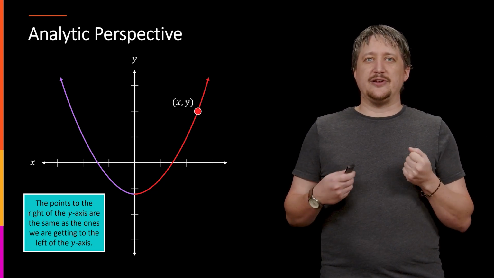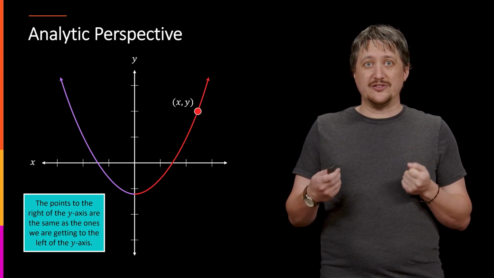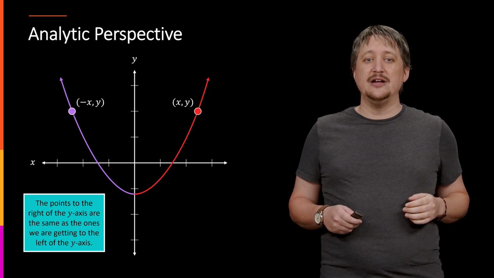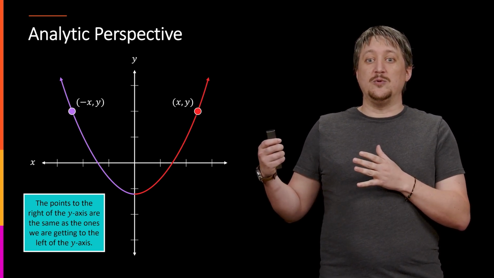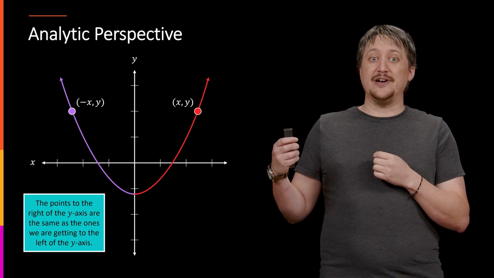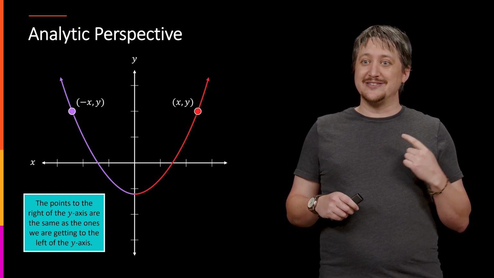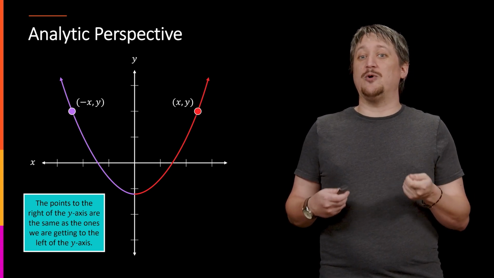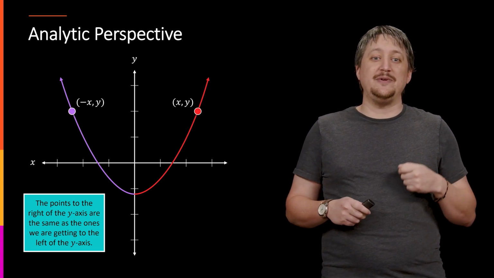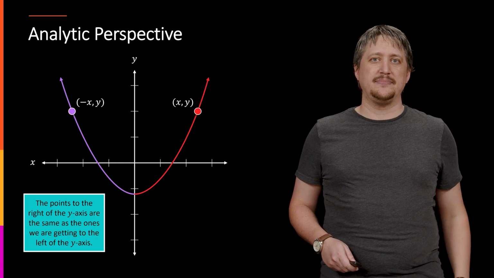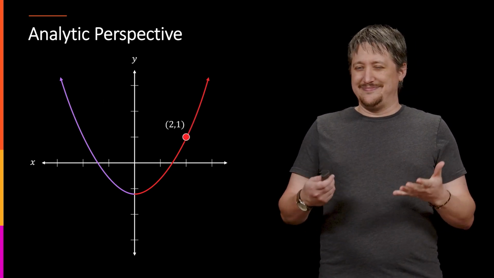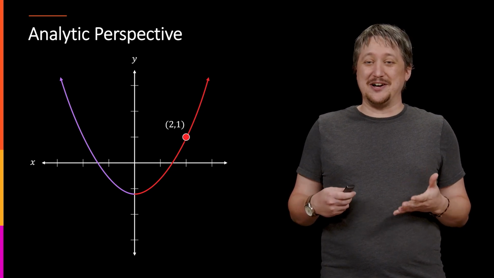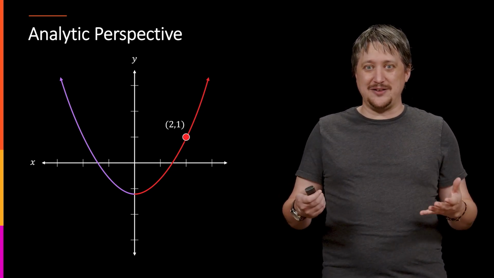In fact, if we think about some point (x, y) anywhere on the right side of that graph, then on the left side I should also have the point (negative x, y), going the same amount to the left, with the same y value. So (x, y) being on the graph means that (negative x, y) is on the graph. Sometimes the letters are not necessarily helpful, although it gets across that this happens for any point.